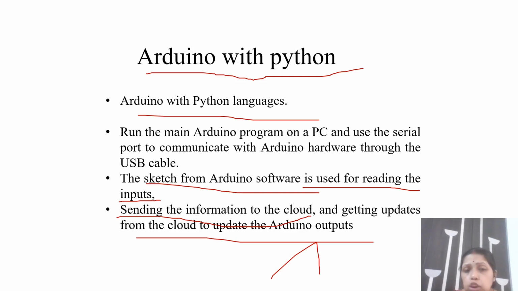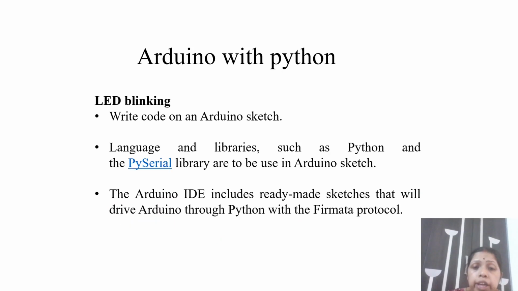The same concept we have used in Arduino with C language. Here, suppose the first program I will do is LED blinking. Whatever libraries are required, I will discuss now.